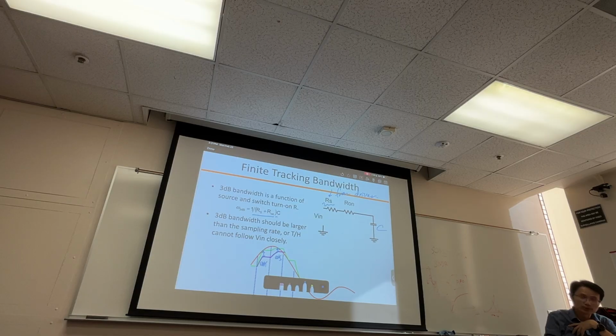So let me ask you, if I want to make sure that I have a wide tracking bandwidth, what should I do to the RS? Should I make it large or small? Small. How do I make a driver RS small? So basically I'm asking, how do I make the output resistance of the amplifier small?